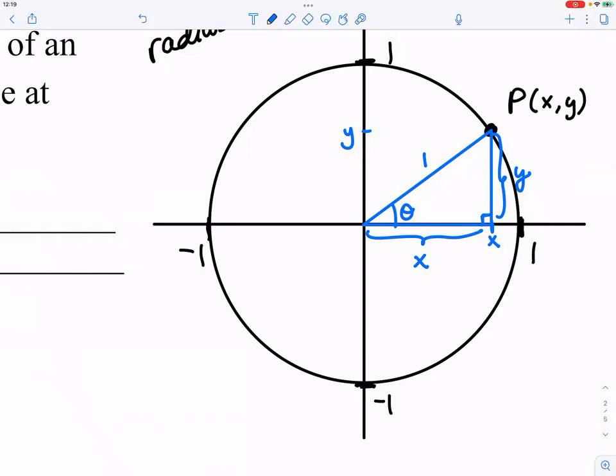For example, what is cosine theta in this case for this little triangle right there? How should we express cosine theta? When we think about cosine theta, it's what side over what side? Adjacent over hypotenuse. So we say it is equal to x over 1. So essentially, x is equal to cosine theta.